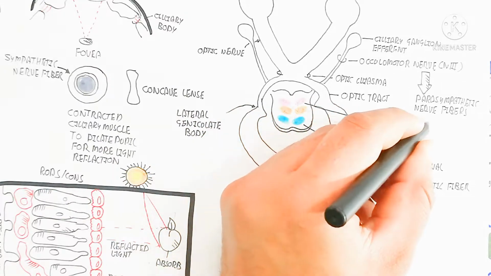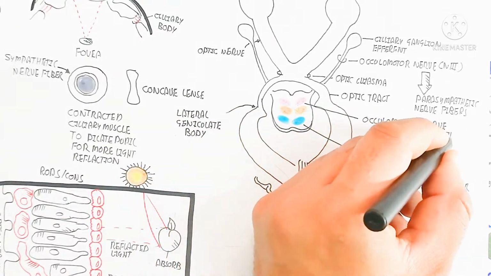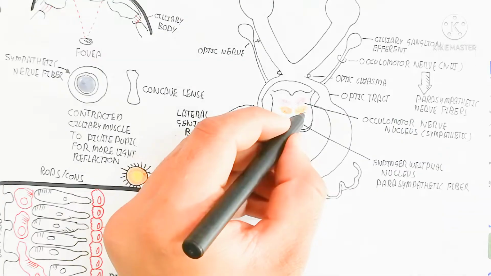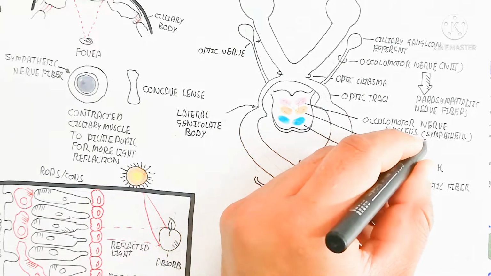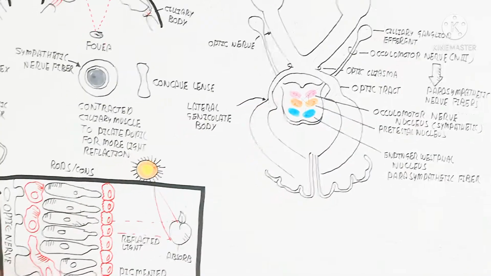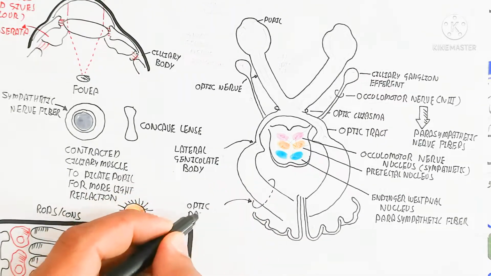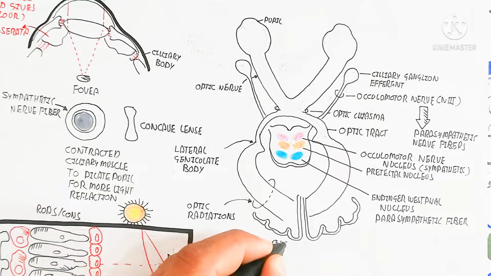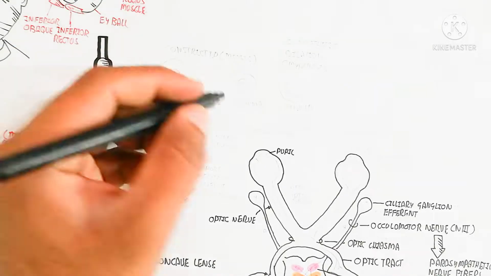The pretectal nucleus is between them. An important thing you should understand is that the temporal field will go here. Here is the optic radiation, which transmits from the lateral geniculate nucleus to the occipital lobe.